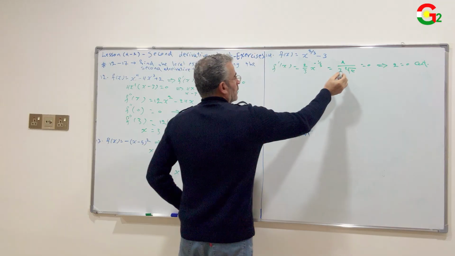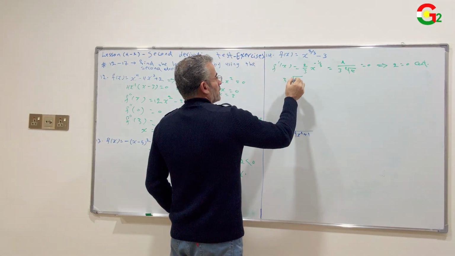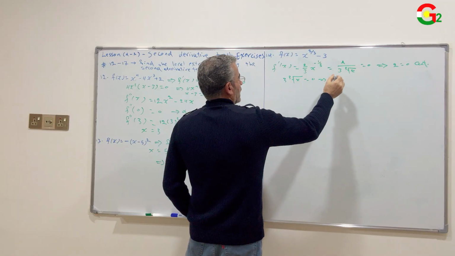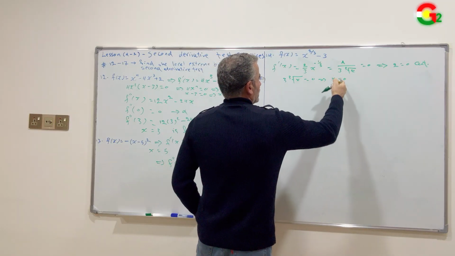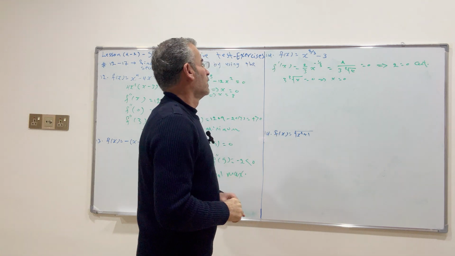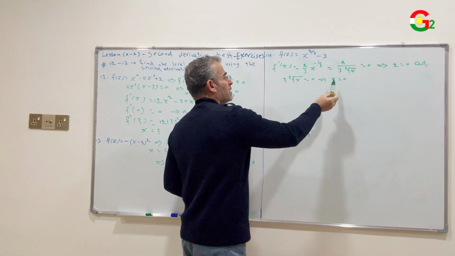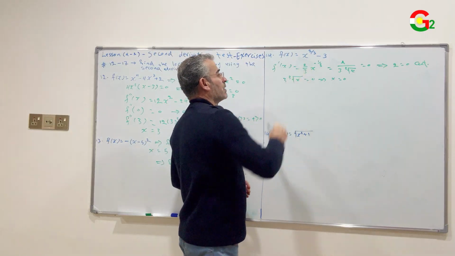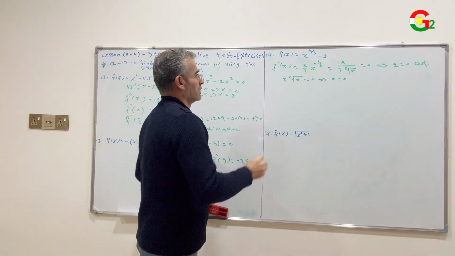But if we set 3 times the cube root of x equals 0, then we get x equals 0. It is a critical point for this function since it makes the derivative undefined and it is within the domain of the function.